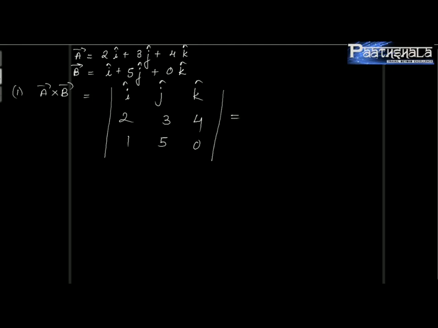So this gives us i hat. Solving this determinant gives us i hat times 3 into 0 minus 4 into 5. So that's 0 minus 20, minus j hat times 2 into 0 minus 4 into 1, that's minus 4, plus k hat times 2 into 5 minus 3 into 1, so that is 7.